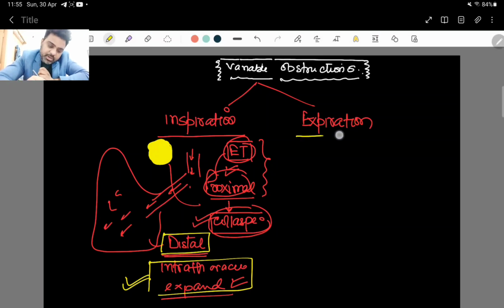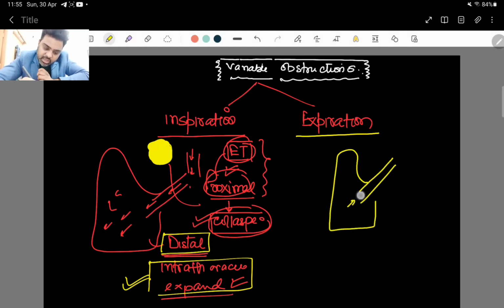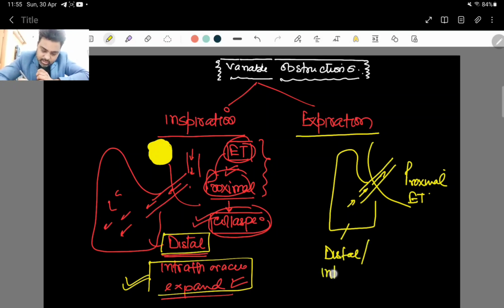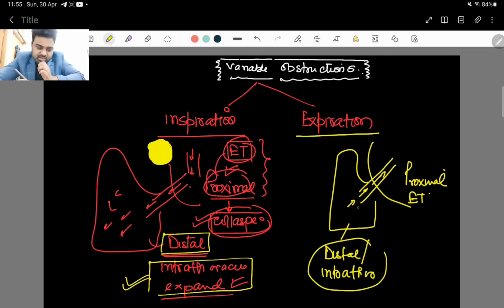Now coming to the expiration part. Again, if this is our bronchus and this is the lungs, during expiration take this as the proximal part, or extrathoracic part, and this as the distal part, or intrathoracic part. Now the opposite will happen during expiration.